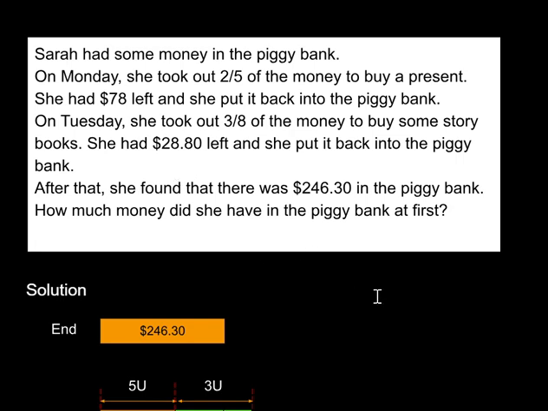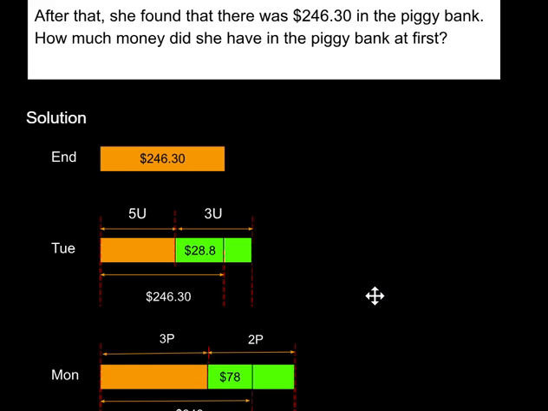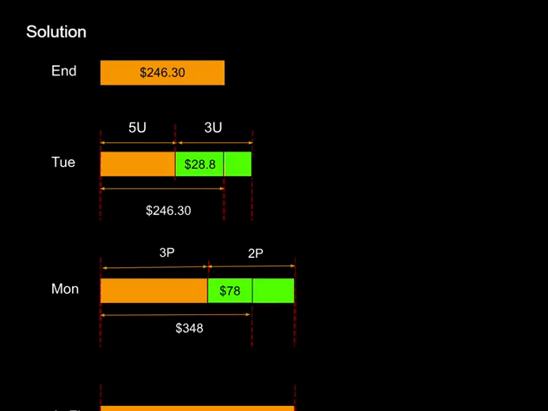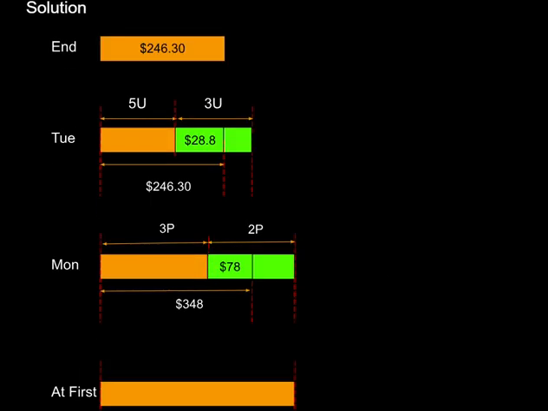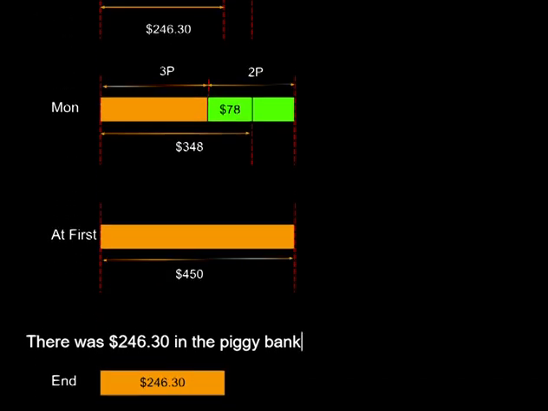This is how the model will look when you solve the problem. Of course, we will start from the end, then move to Tuesday, then Monday, and we get the answer first. I will explain step by step how you draw the model. So let's start.